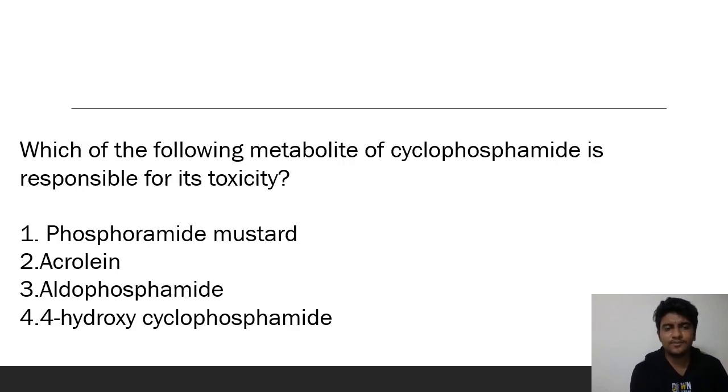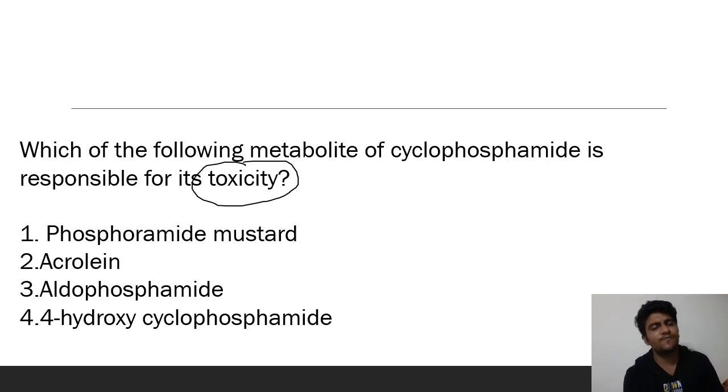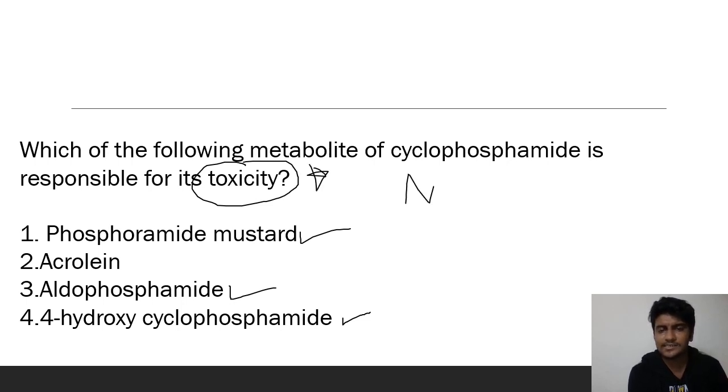Next up, which of the following metabolites of cyclophosphamide is responsible for its toxicity? If they had asked which is responsible for its potency, it could be phosphoramide mustard because it is a nitrogen mustard, or aldophosphamide, which is the active metabolite, or 4-hydroxycyclophosphamide, which is similar to aldophosphamide. But they have asked about toxicity. So mesna is an antidote for this toxic metabolite.